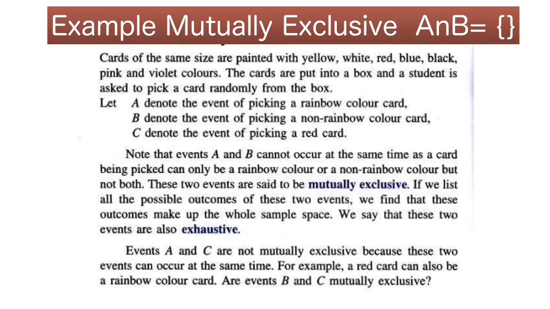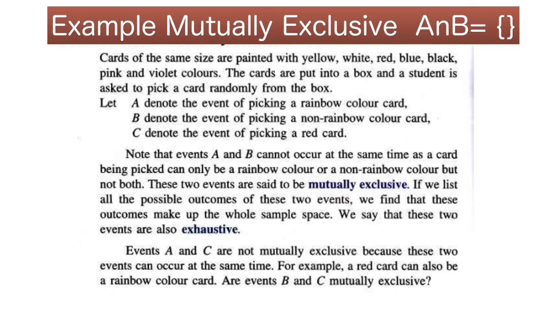If we list all the possible outcomes of these two events, we find that these outcomes make up the whole sample space. We say that these two events are also exhaustive. So event A and event C are not mutually exclusive because these two events can occur at the same time. For example, a red card can also be a rainbow color card.